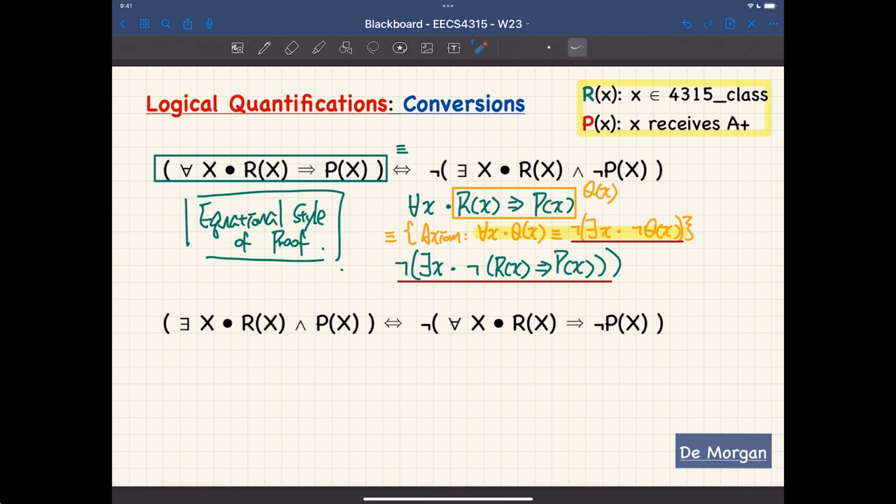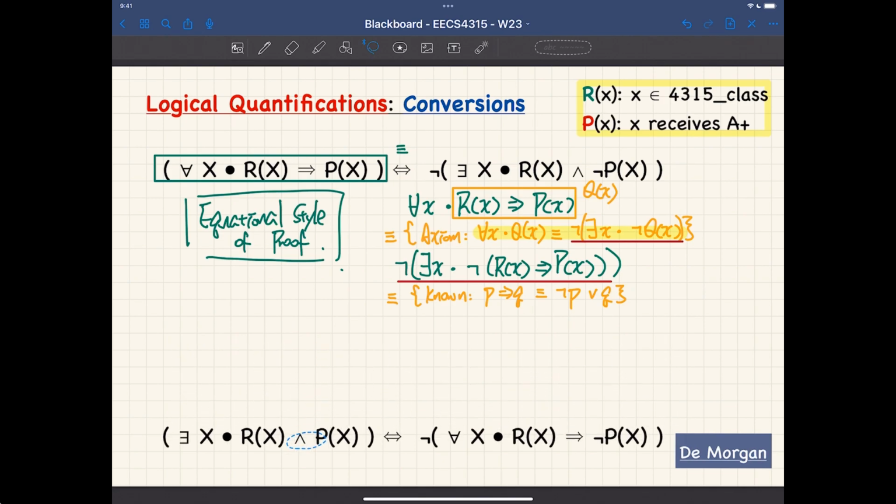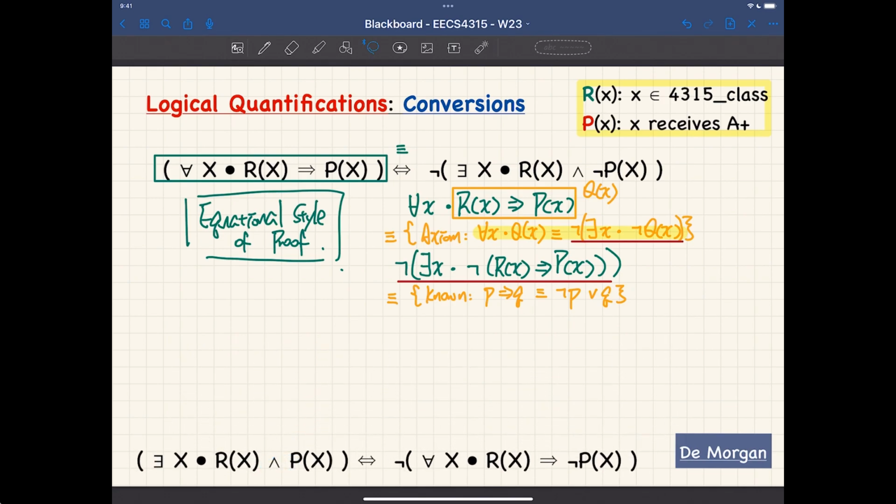That's something we did mention in the propositional logic. All right, so that's something we can definitely do. And equivalent to, and here we know that, let's say P implies Q is equivalent to not P or Q. Okay, for now, I'm just going to make this at the bottom here.